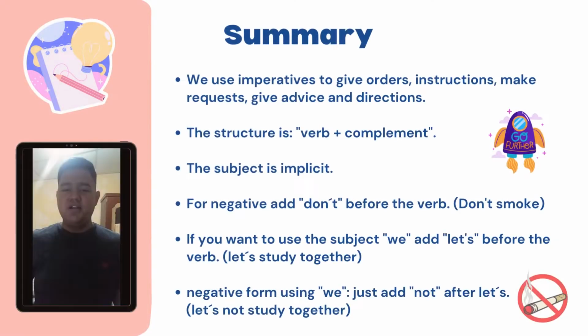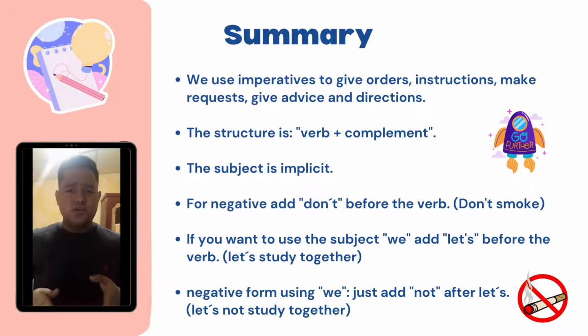And we have the summary with the most important points of the video, right? First, we use imperatives to give orders, instructions, make requests, give advice, and directions. Also, the structure is verb plus complement. We know that the subject there is implicit. And also for negative imperatives, we just add don't before the verb.